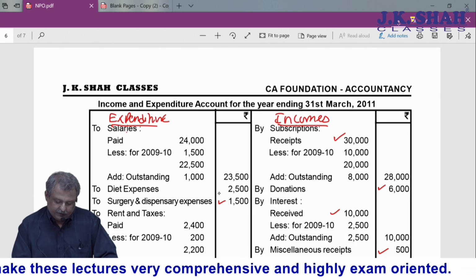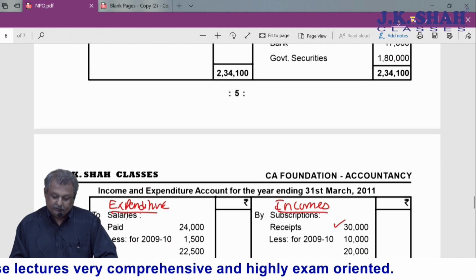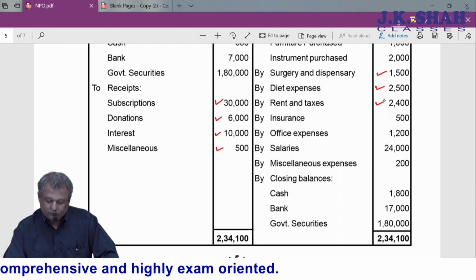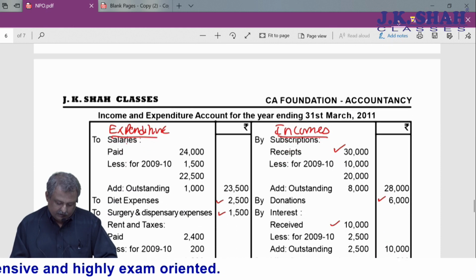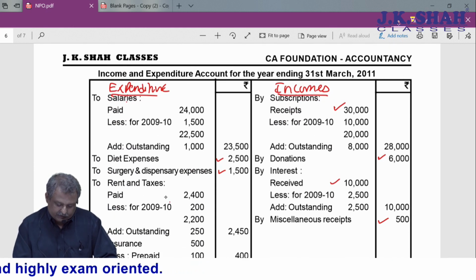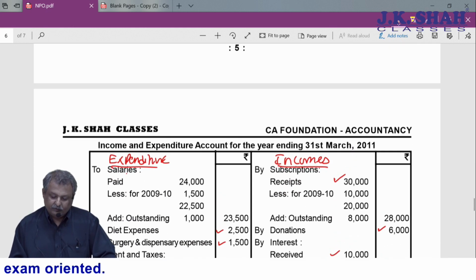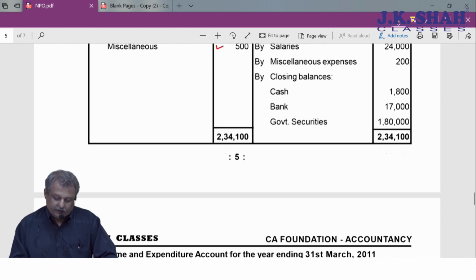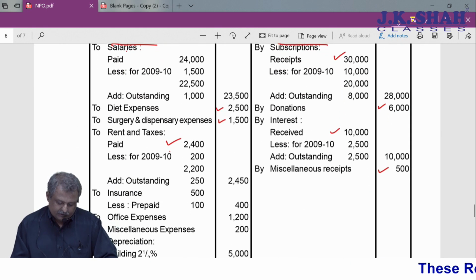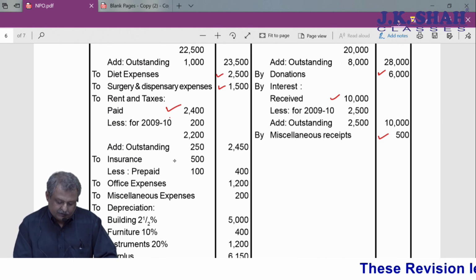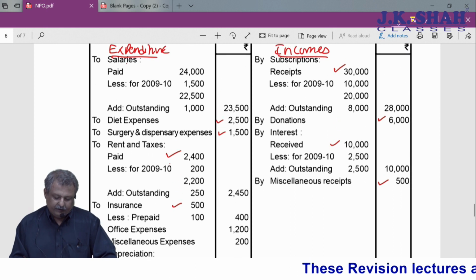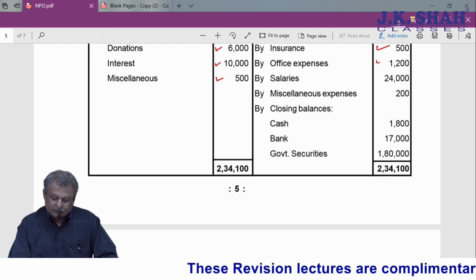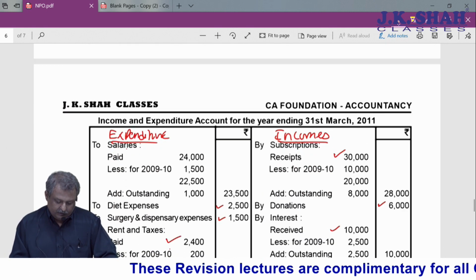So, diet expense 2,500. Then, rent and taxes 2,400. So, is it there here? Please check. Yes, rent and taxes 2,400. Then, insurance 500. Is there any insurance on the expenditure side? Yes. Expenditure side 500. Then office expense 1,200.